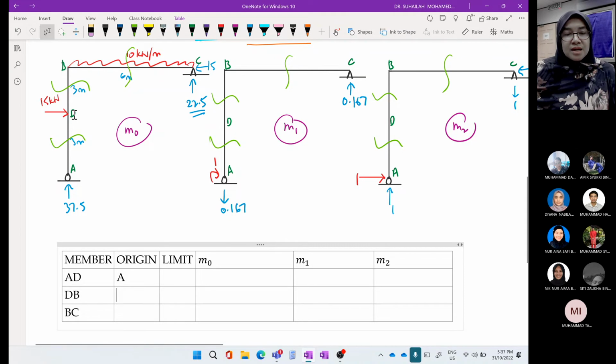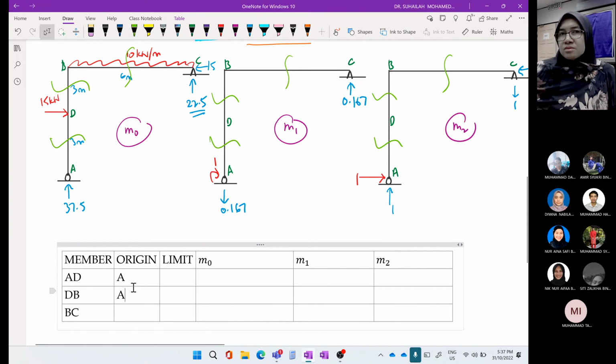The shortest and the easiest. Kalau you pilih B tu, not the easiest. The hardest. It can be A, it can be D. Okay.